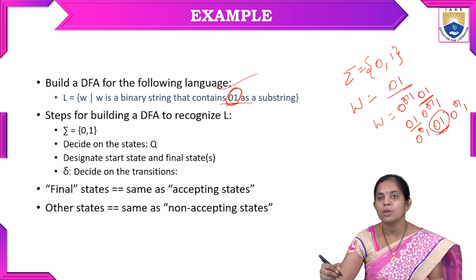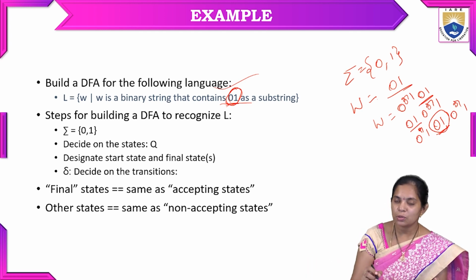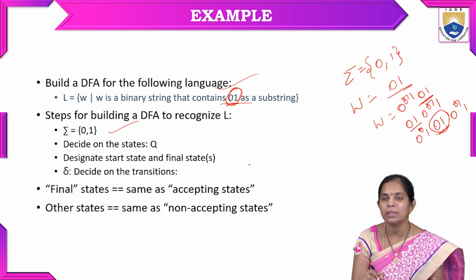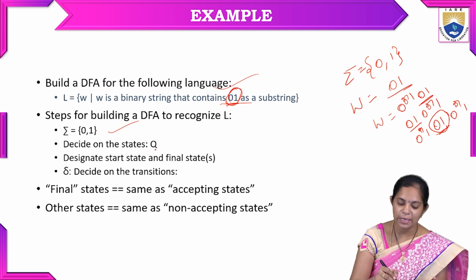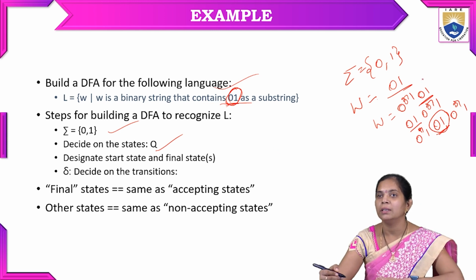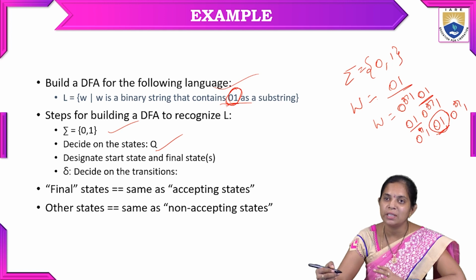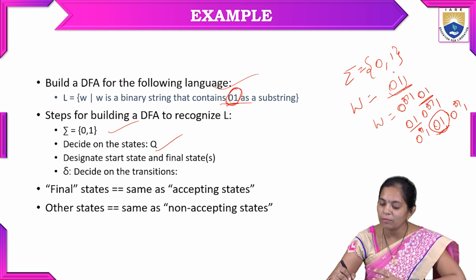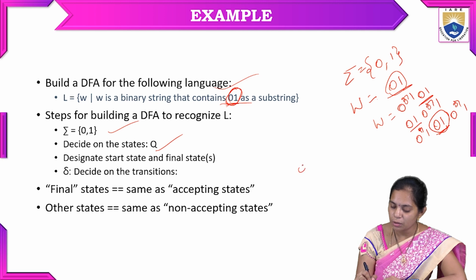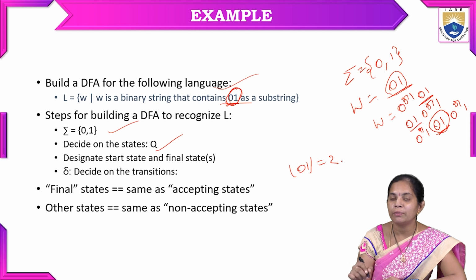So for this language, we'll see how to construct a DFA. To design a DFA, we need some steps. First, we identify sigma, that is the input symbols, and decide on the states. Minimal states are required here, and the number of states is based on the language condition. The substring 01 has a length of 2, so 2 plus 1, that is 3 states, are required.